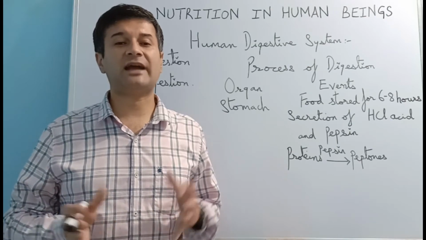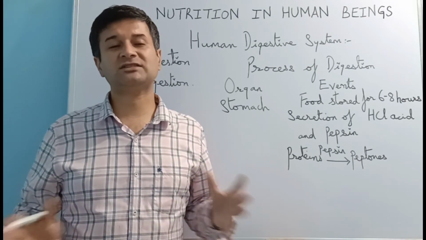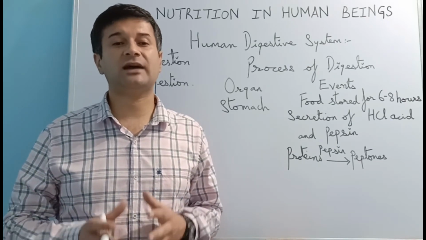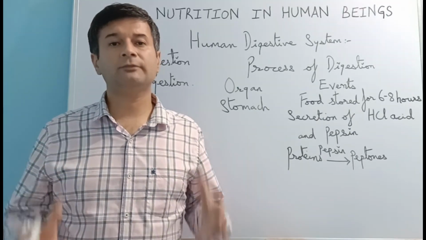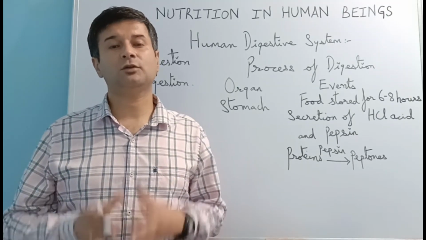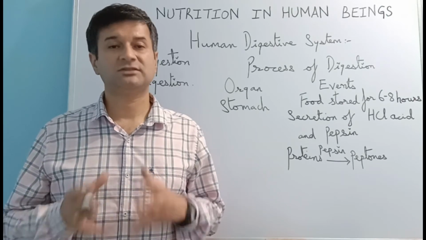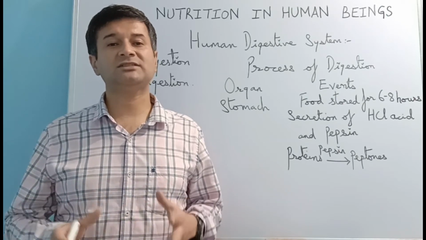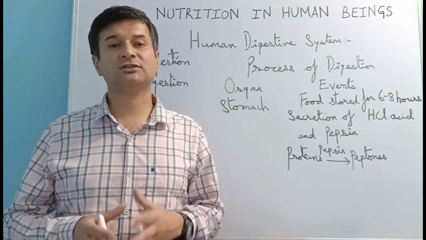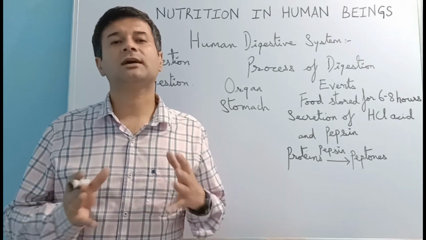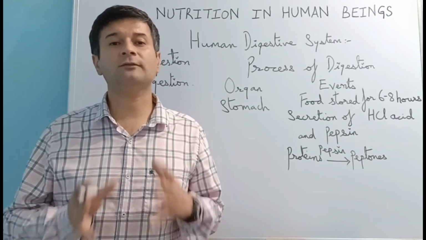Herbivorous animals have a longer small intestine compared to carnivorous animals, because herbivorous animals feed on green grass and leaves which contain cellulose, and the digestion of cellulose takes longer, whereas carnivorous animals feed on flesh which is easier to digest.